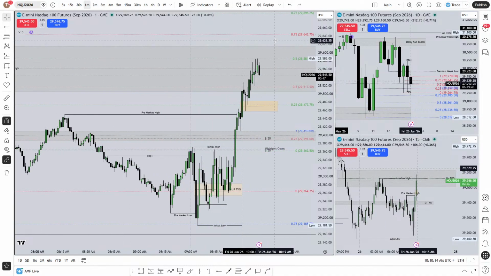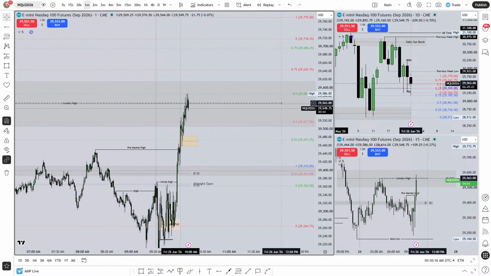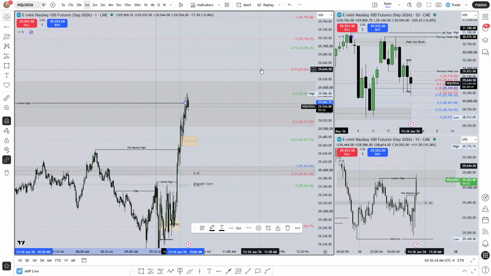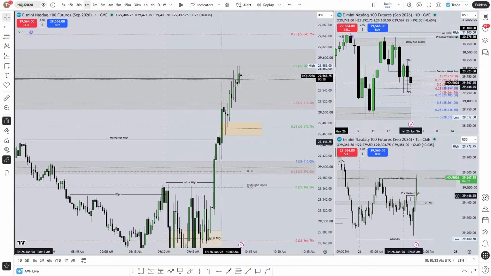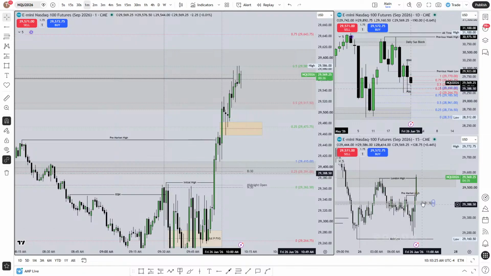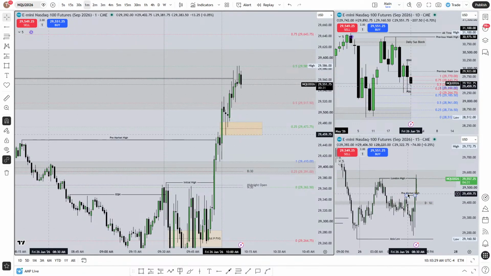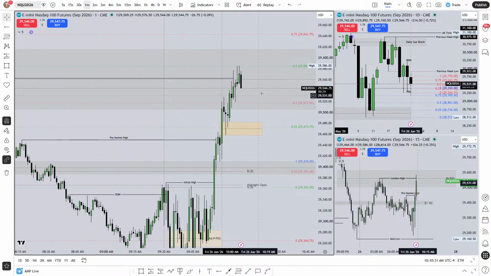So we're bouncing off that midpoint there, which so far looks like a bearish signature to me. We've got this 15-minute close here in 4 minutes, so I'd want to see us start to push a little bit lower.